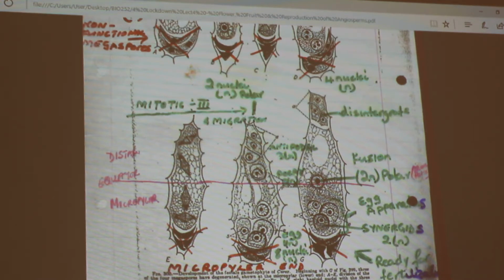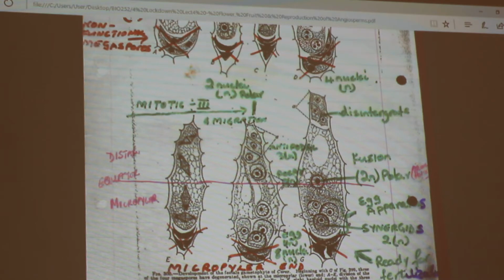Now, these cells that are at the distal end, 3 of them come together, and these are the antipodal cells. They come together and they die or they disintegrate. 1 will remain, and that one that remains, it migrates to the equator.